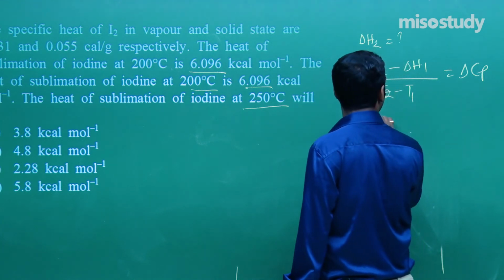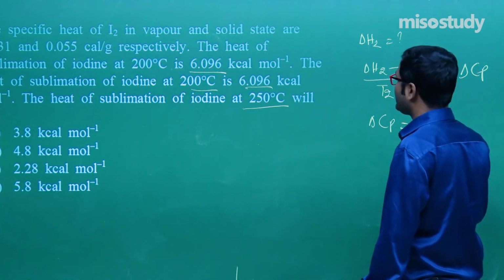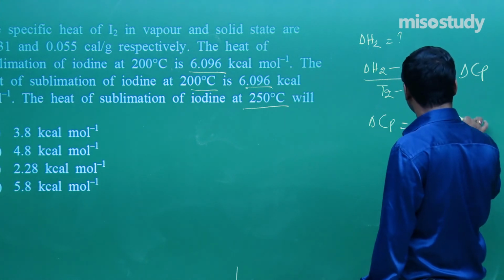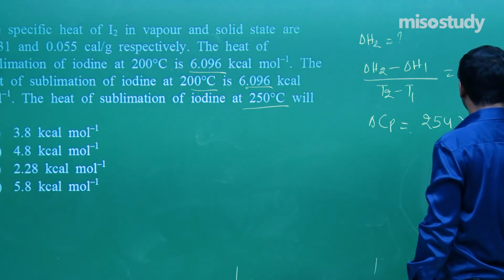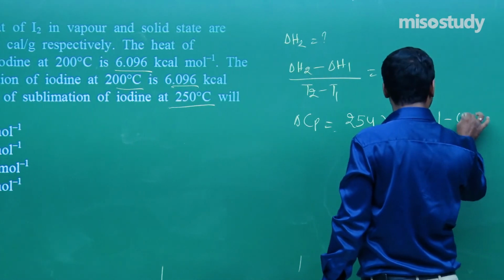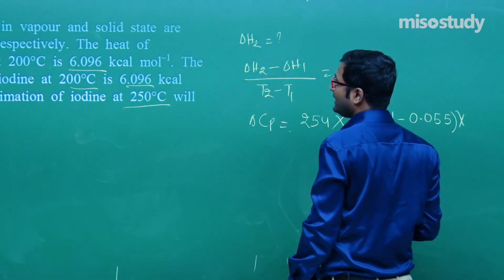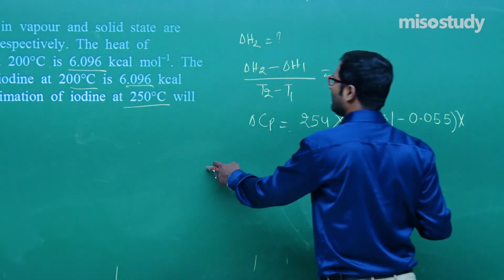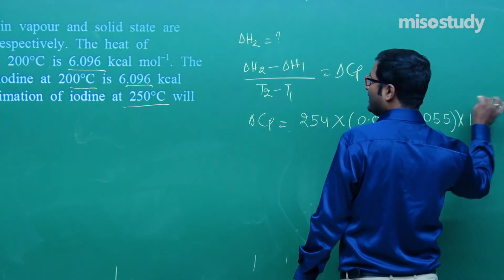Now, what is the value of delta Cp? It's very simple. The delta Cp is equal to M, what is the value for I2? Mass is 254 and 0.031 minus 0.055. This one is in calorie per gram, convert into kilocalorie per gram, 10 to the power minus 3.